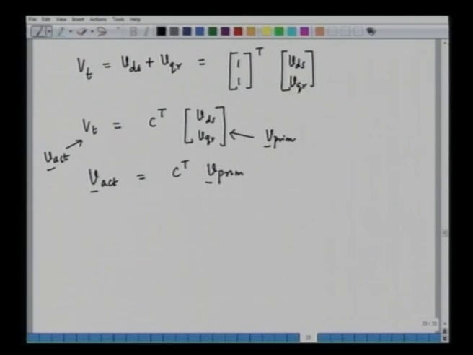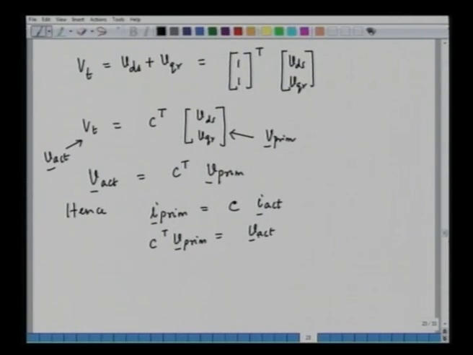So, I have two sets of equations: I primitive is equal to C I actual, and C transpose V primitive is equal to V actual.